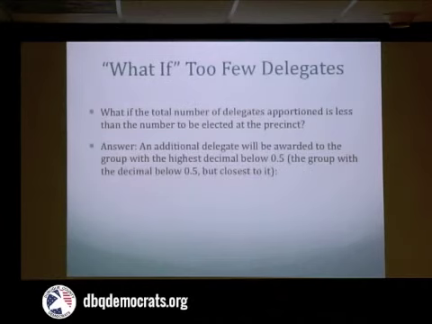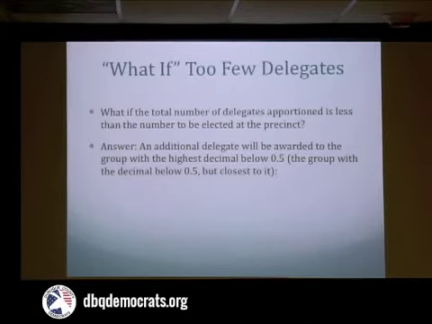Now, I know that at every precinct elected here, things are going to go fine, it's going to go smooth, and it'll be perfect. But there are some examples of where, with rounding, you might get too many delegates or too few delegates. And so I'm going to go over examples. First off, I'm going to start with what if too few delegates?